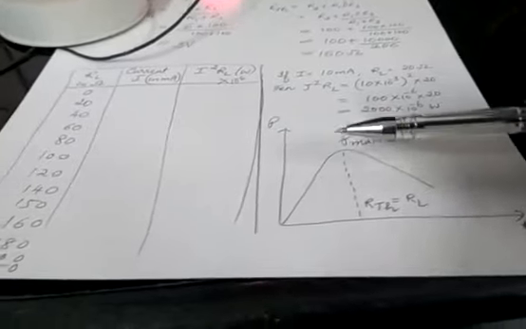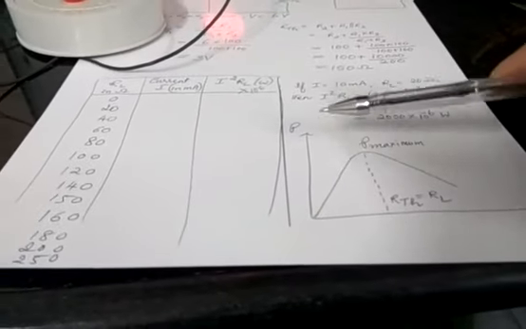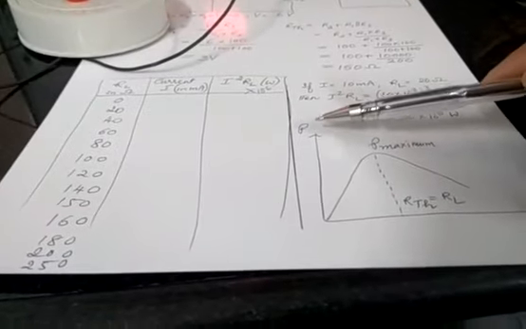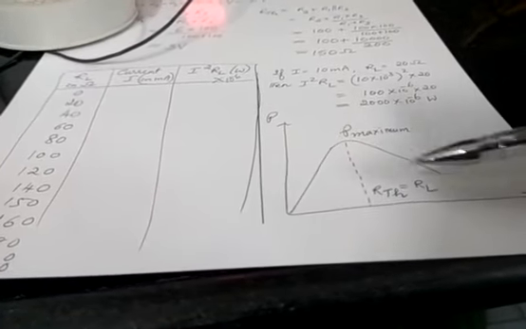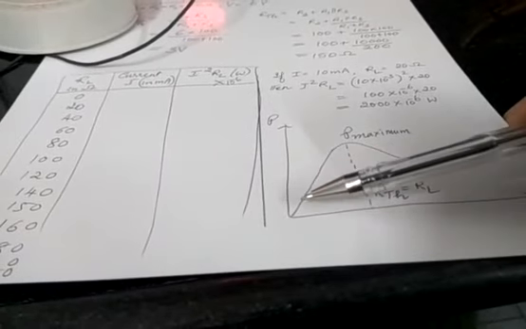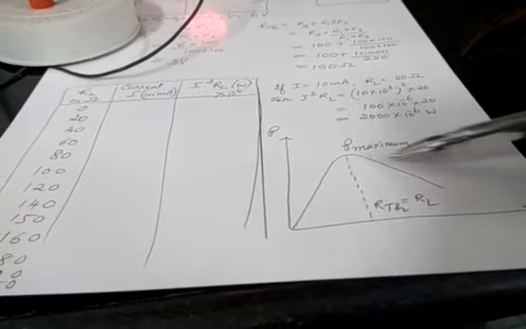Once you calculate the power for all the loads, draw a curve of power versus the load resistance, and you get a curve like this. As the current increases, the power increases, reaches a maximum, and then again decreases.